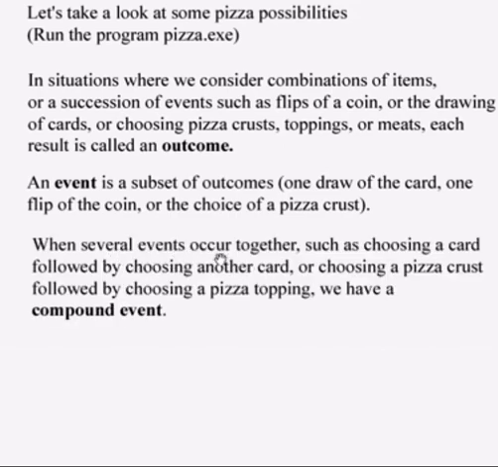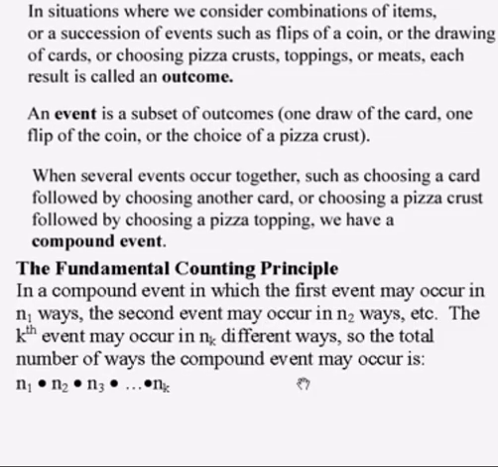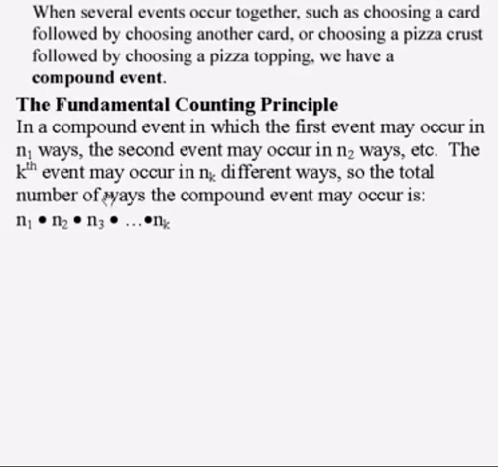And when several events occur together, like choosing a card followed by choosing a second card, or like our example, choosing a pizza crust followed by choosing a meat topping, and then of course followed by choosing a non-meat topping, we have what we call a compound event.